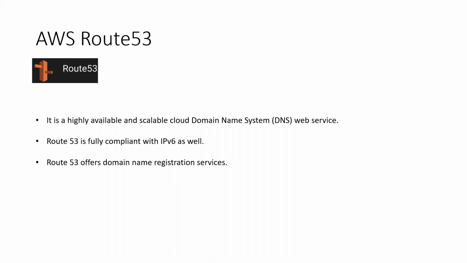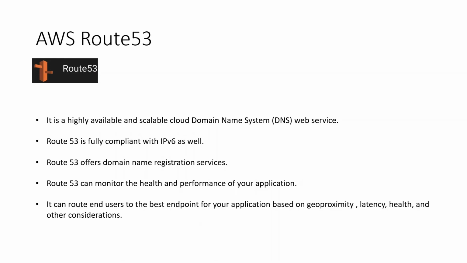Let's say you want to open up a new website for yourself. You can use Route 53 for the domain name registration for that. It can monitor the health and performance of your application. It can route end users to the best endpoint for your application based on geo proximity, latency, health, and other considerations.